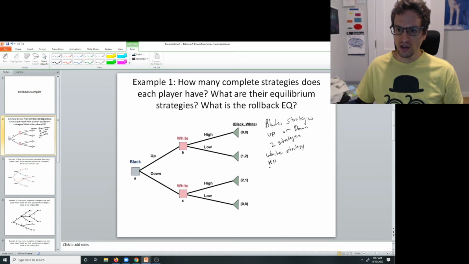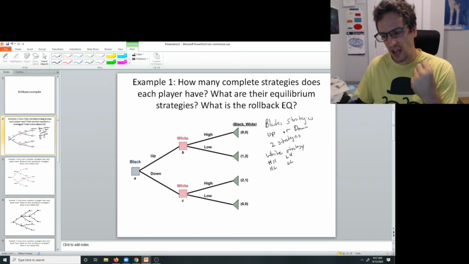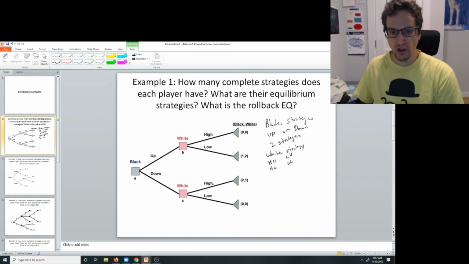It could also be high, low, low, high, or low, low. One situation is they're at B, another is they're at point C, but you need a plan for everything. So they have 4 strategies.